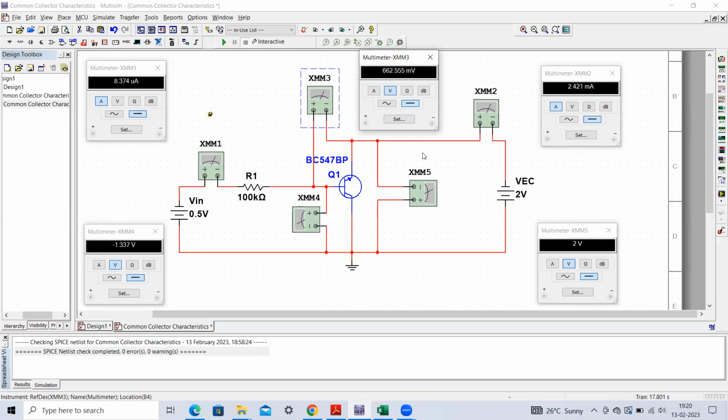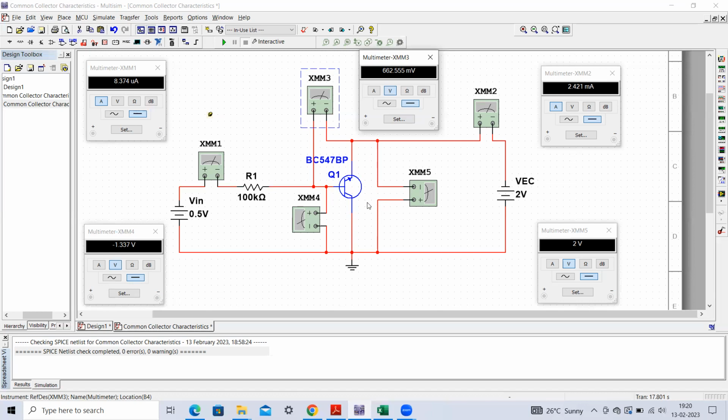So how to ensure whether the base to emitter terminal is forward biased or not? What we can do is write a KVL expression, Kirchhoff voltage law. You must be aware of Kirchhoff voltage law, that you can write around the device, around this transistor. So if you write a KVL expression around this transistor, what will be the expression?